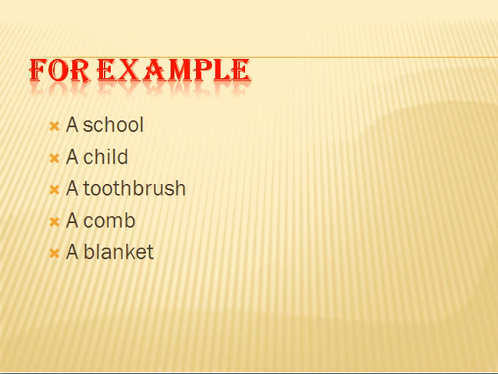Now here you can see that a refers to the quantity, that is one. So we are talking about one school, one child, one toothbrush, one comb and one blanket. So this refers to the singular number because we are talking about the quantity of one.